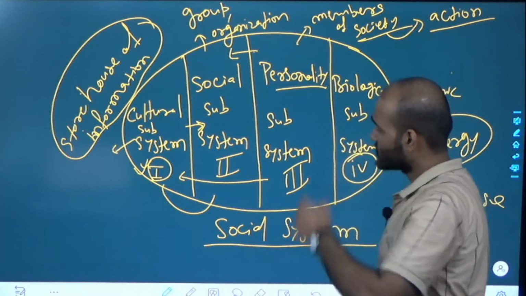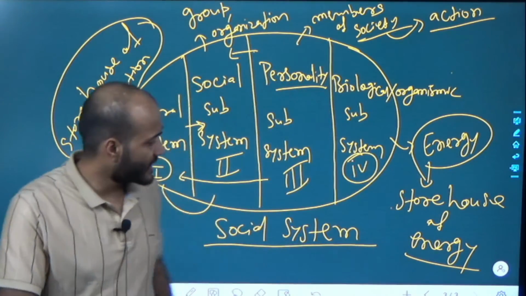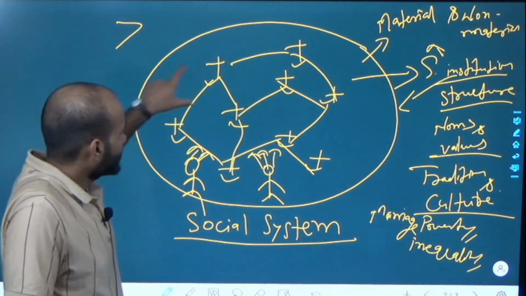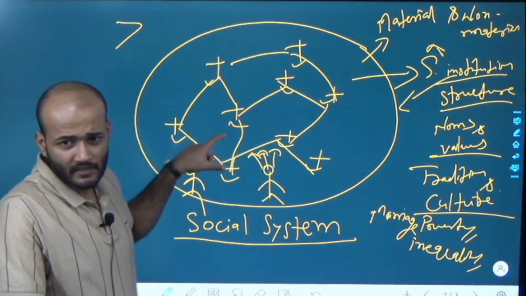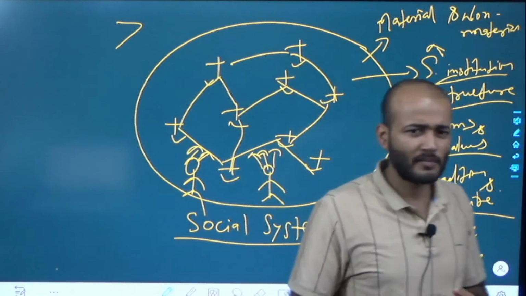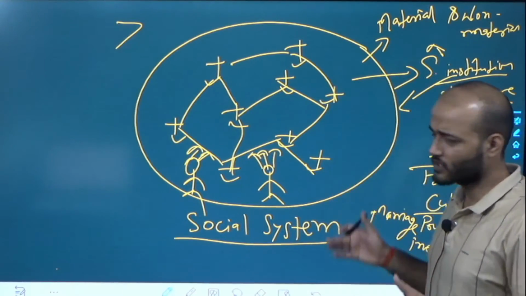Now further, Talcott Parsons talks about maintaining order and stability in society, a kind of equilibrium condition. There are certain prerequisite conditions, what we call equilibrium, for any social system.